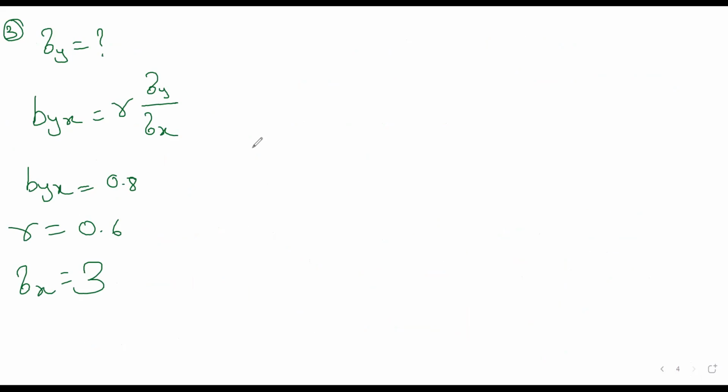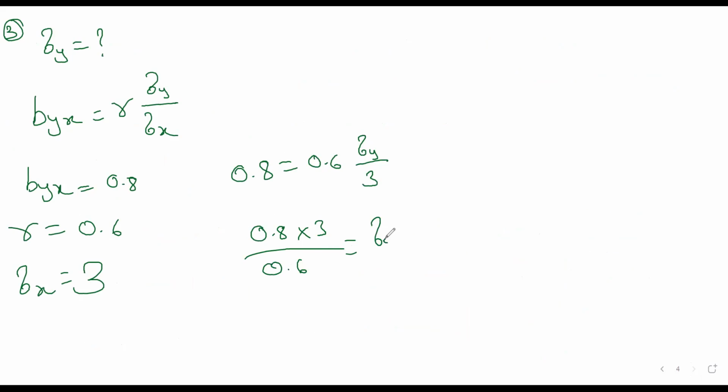So I'll put all these values here. It will be 0.8 is equal to 0.6 standard deviation of Y upon 3. So 0.8 into 3 divided by 0.6 is 4. So standard deviation of Y is 4. And if I want to find out variance of Y, then it will be 16.